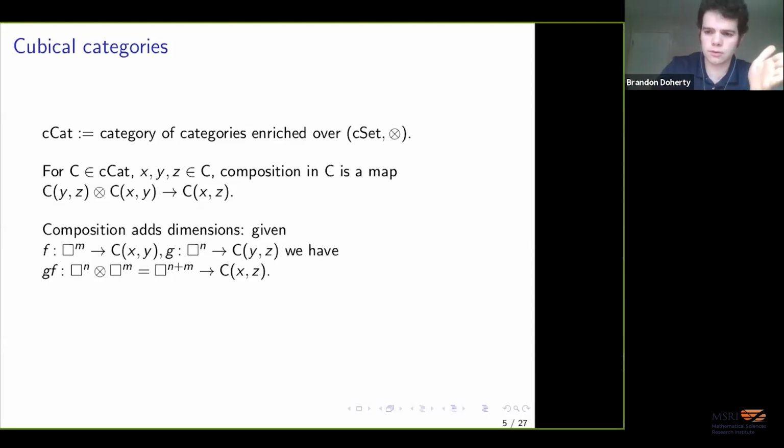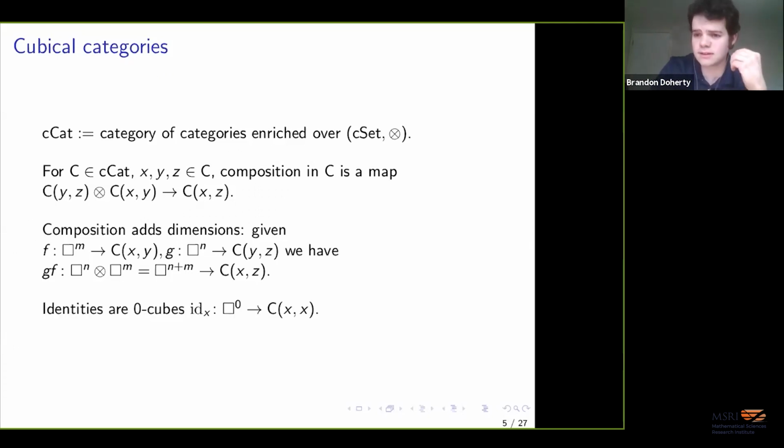So here we compose an m cube with an n cube to get an n plus m cube. And the identities in these cubical categories will be 0 cubes in the mapping space from a particular object to itself, so a vertex of C(X,X), which we compose with cubes to just get the thing we're composing with.